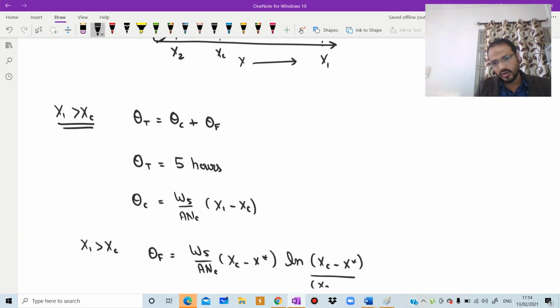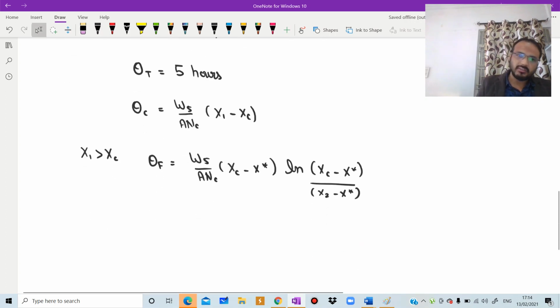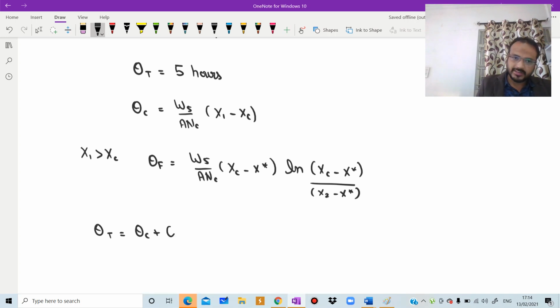In class, we solved a number of problems based on this concept. Add both equations. So theta total is equal to theta c plus theta f.